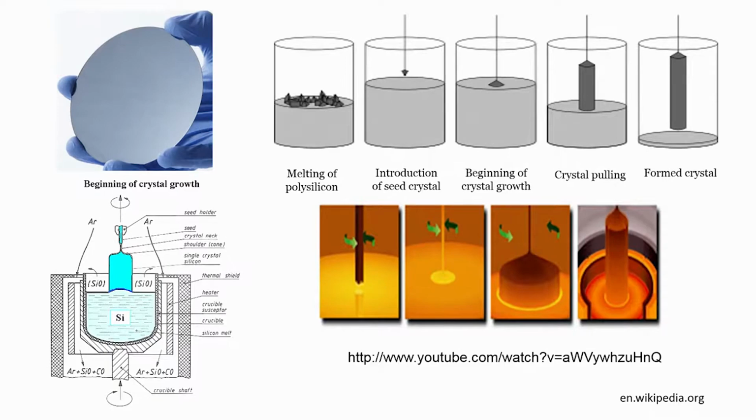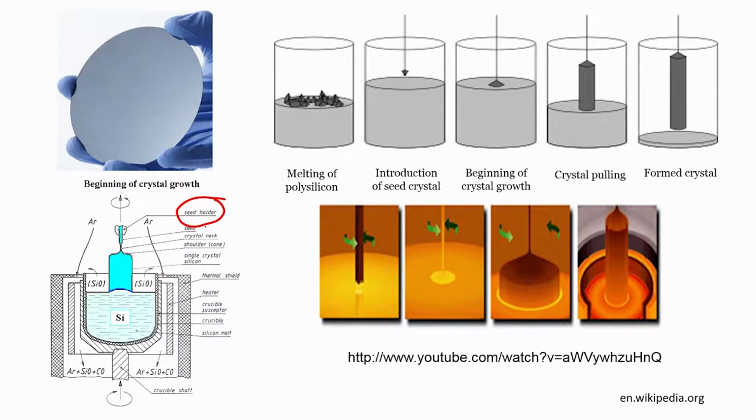Now, if you talk about fabrication of the silicon wafer, this is how it is fabricated. There is a video on YouTube where you can see exactly how the silicon wafer is fabricated. It starts with crystal growth and a seed crystal.